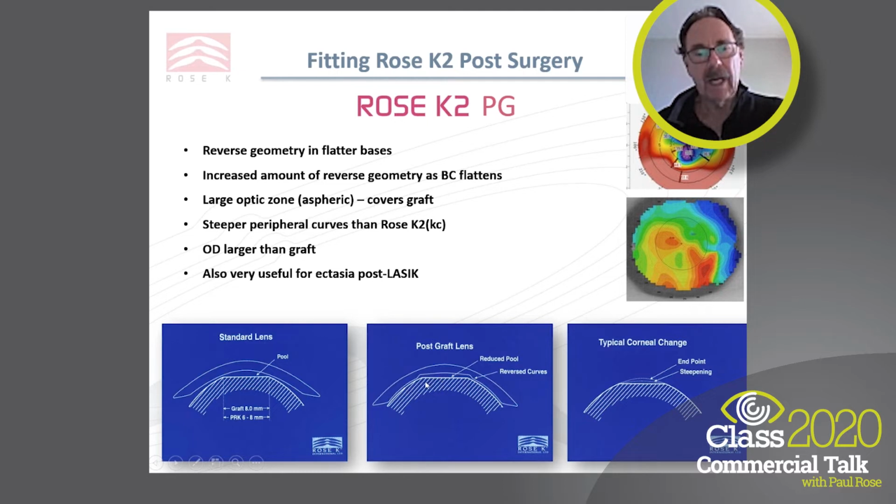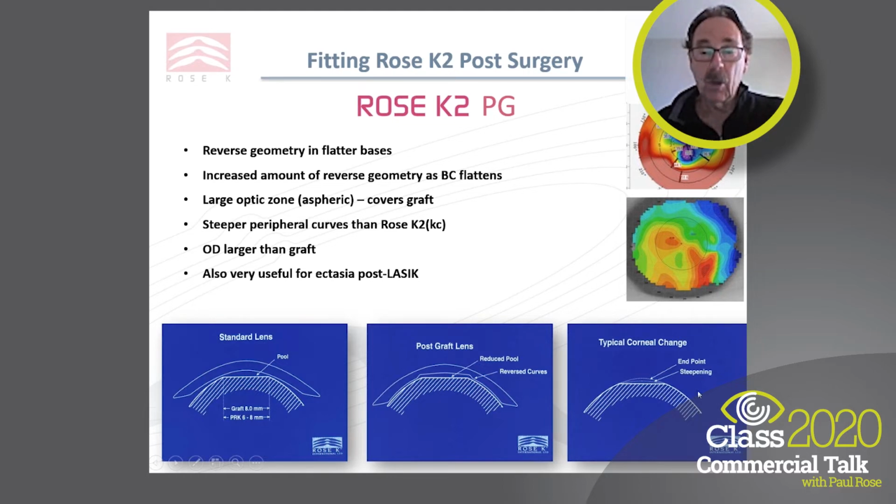The only way to get around that is to apply what we call reverse geometry or reverse curves just outside the optic zone, which reduces the thickness of that tear layer. And the more oblate the cornea is, the more reverse geometry the post-graft design has in it.